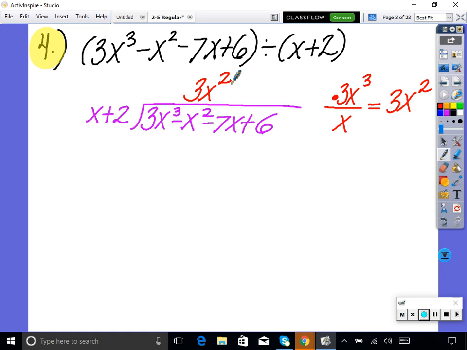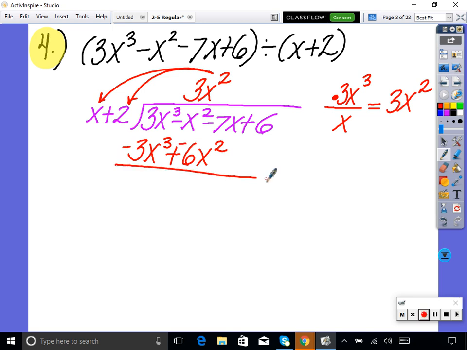Now we're just going about a roundabout circle here. So now we're going to multiply that back down in. 3x squared times x is 3x cubed. 3x squared times positive 2 plus 6x squared. Very good. Now remember, we need these two to cancel out. To do that, we've got to change the sign here and here.